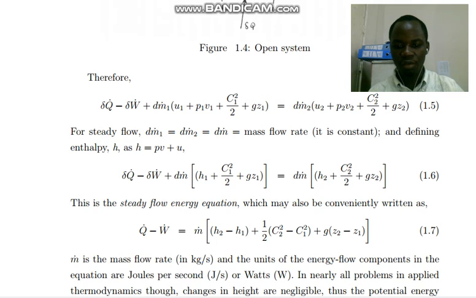H2 is the enthalpy at state 2 and H1 is the enthalpy at the entrance, C2 is the velocity of flow at the outlet, and C1 is the velocity of flow at the inlet. g is the gravitational acceleration, Z2 is the height at the exit, and Z1 is the height at the entrance.